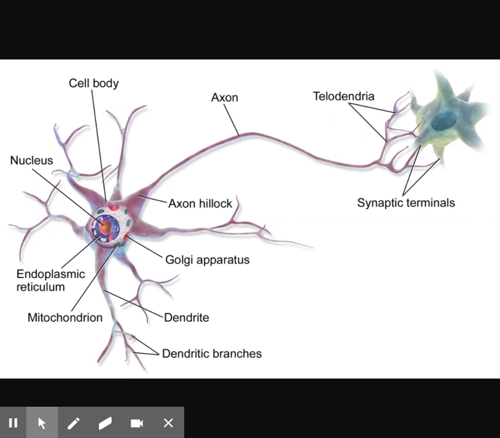On the back side of that cell body, there's a long tail-like structure called an axon that passes the messaging along to the next neuron. And between the end of the axon and the next neuron, there's a space called the synapse. And so these neurons are used to communicate throughout our nervous system.